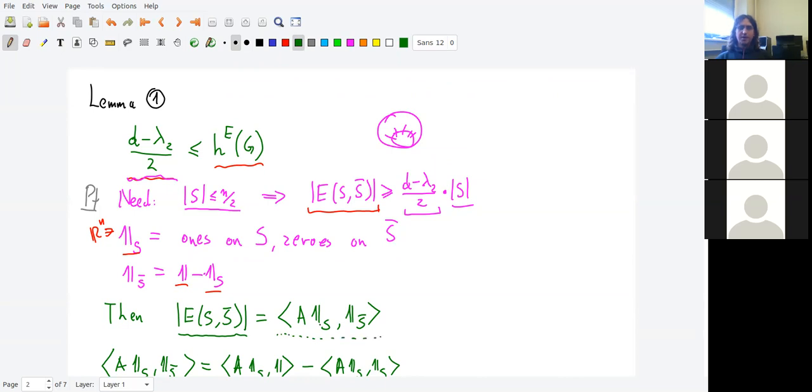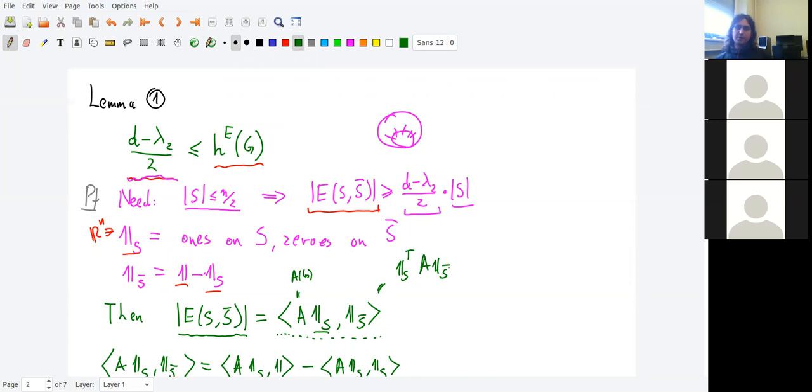I can take the ones on S, I can apply my adjacency matrix to it, this is the adjacency matrix of G, and I take a scalar product with the vector of ones on the complement of S. So how to view this? This is the same as 1 of S transpose A 1 of S complement. So this is just rewriting this in the matrix form.